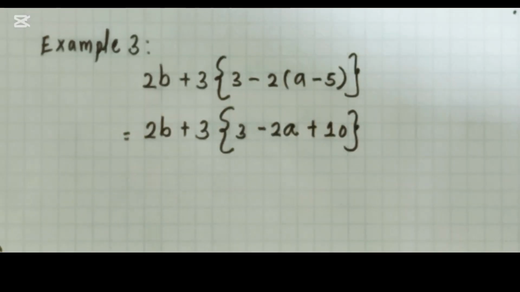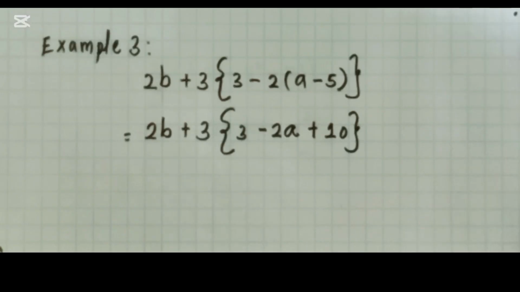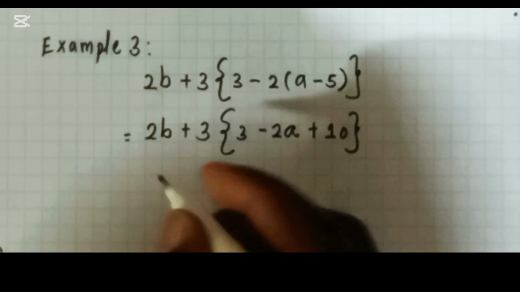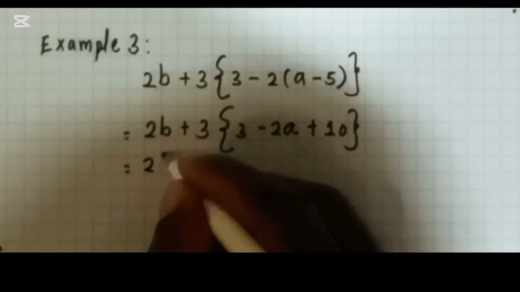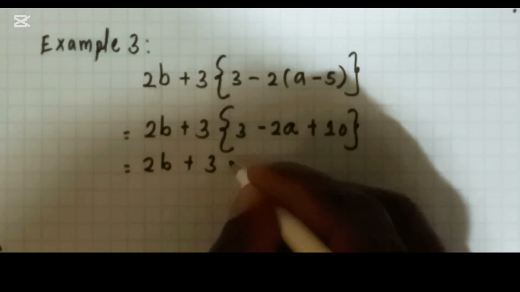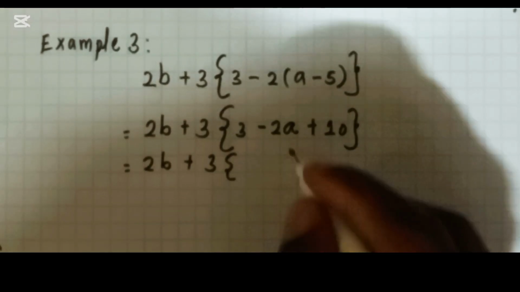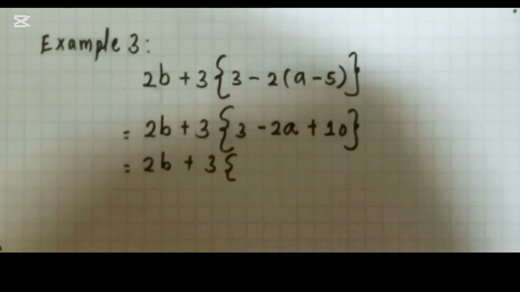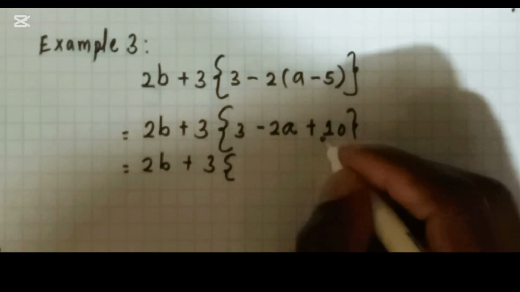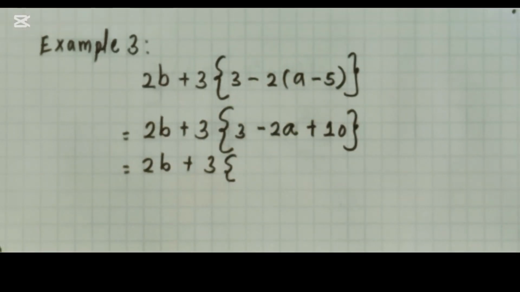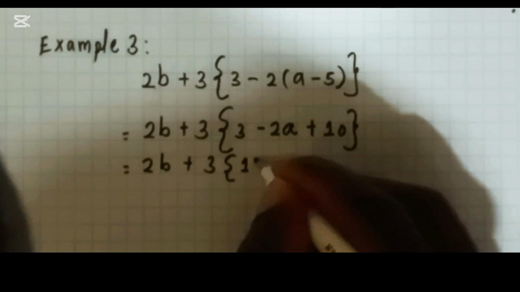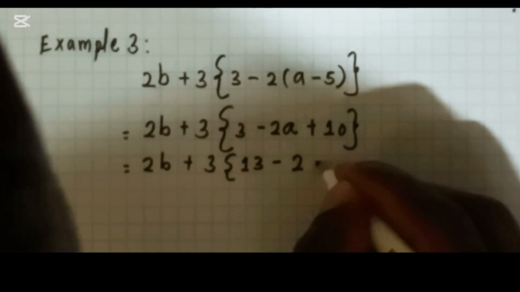And so we've removed the first bracket. We're going to go ahead and simplify whatever we have in this bracket. So we're going to have (2b + 3) into 3 plus 10. That's 13. So that's going to give us 13 minus 2a.